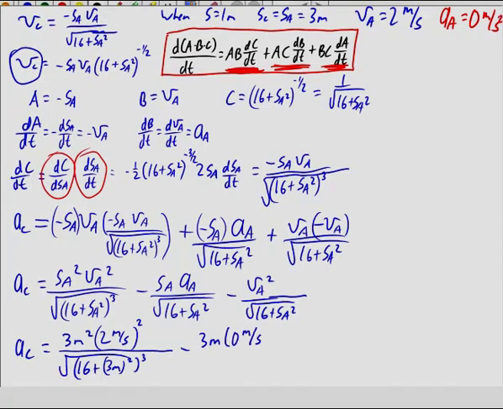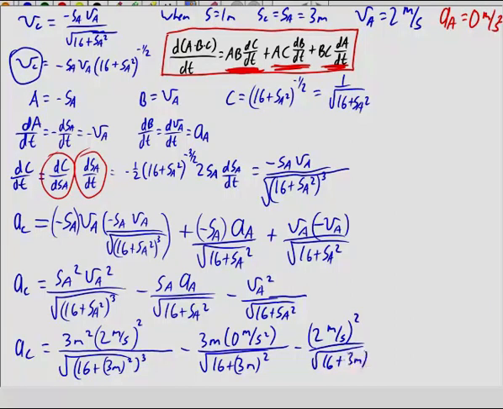Meters per second squared. 0 meters per second squared over the square root of 16 plus 3 meters squared, plus, sorry, it's a minus, minus 2 meters per second squared over the square root of 16 plus SA squared, which is 3 meters squared, equals.